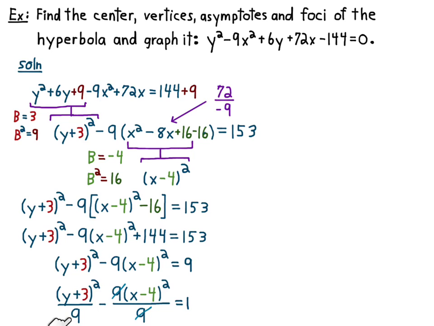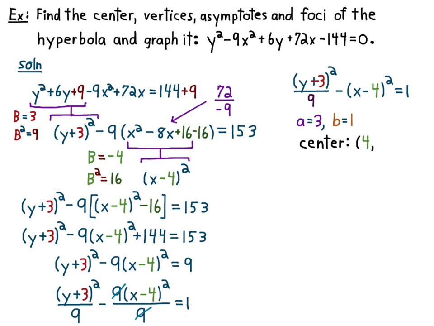A squared is 9, so a is 3. The thing on the bottom here is b squared, which is 1, and so b is 1. So a is 3 and b is 1 for this one. I wrote that down so I remember to use it.